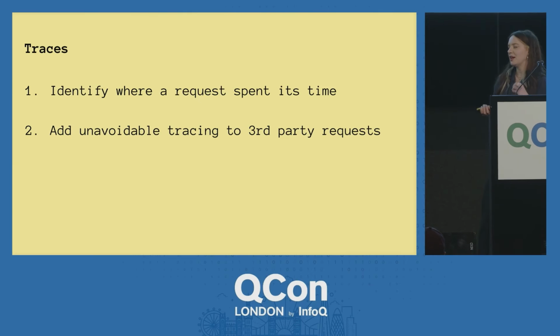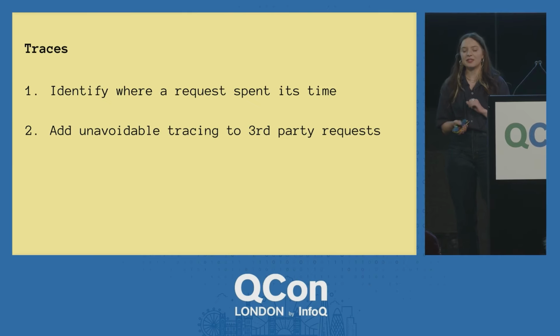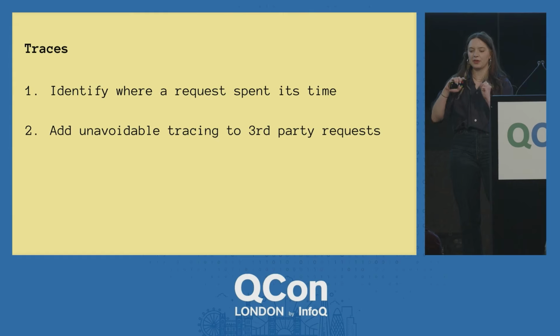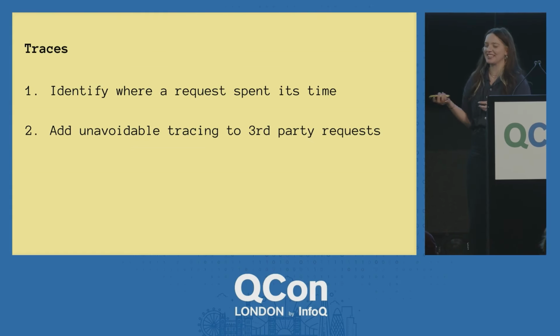We also add tracing by default to our database queries, and we do some smart stuff there, like separating our spans for actually processing the query versus waiting for a connection.